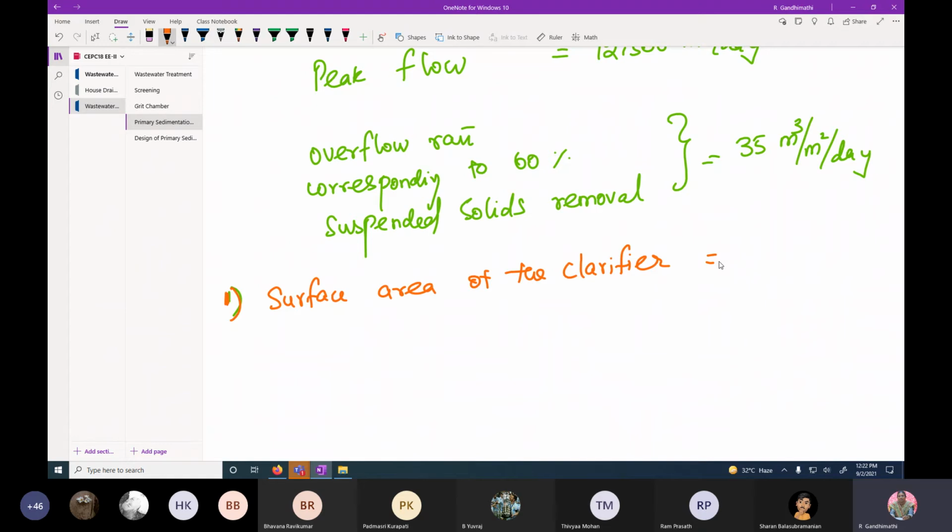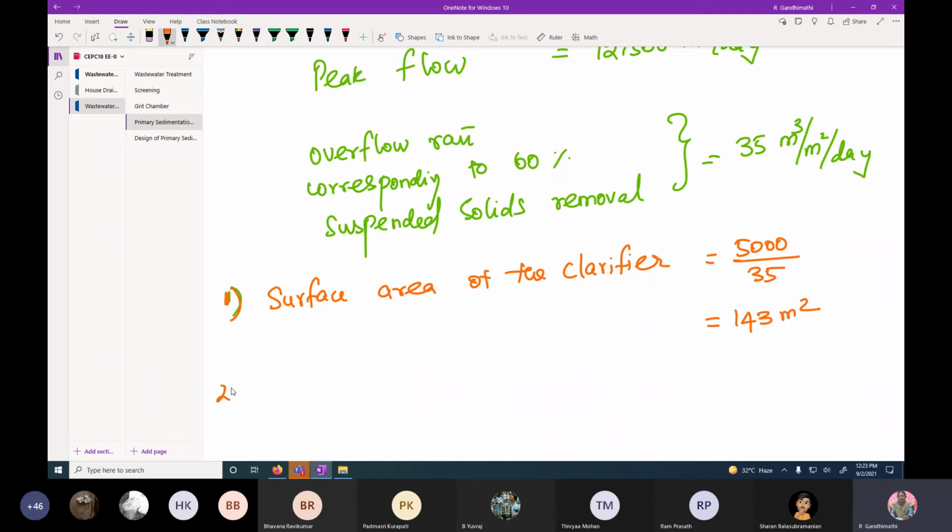Now what is the surface area? We have to design the system for average flow 5000, divided by the surface overflow rate, that is 35. Then surface area is 143 meters square.